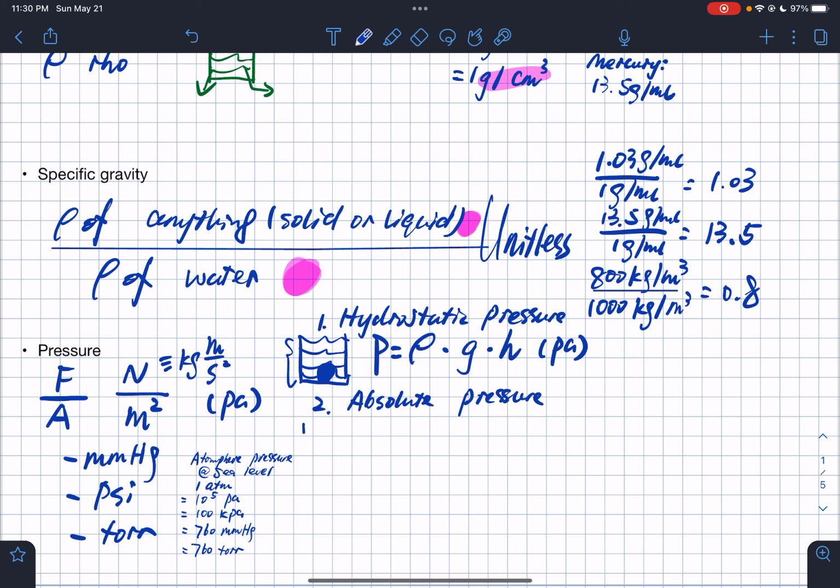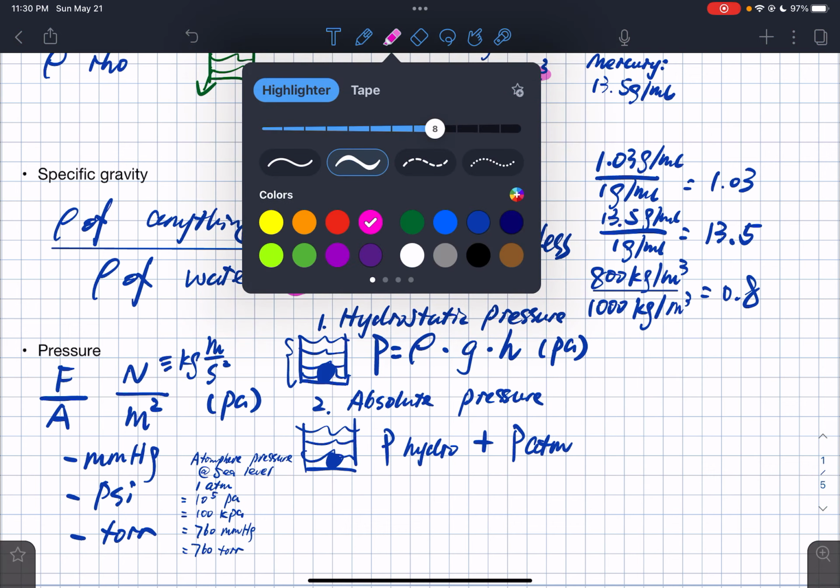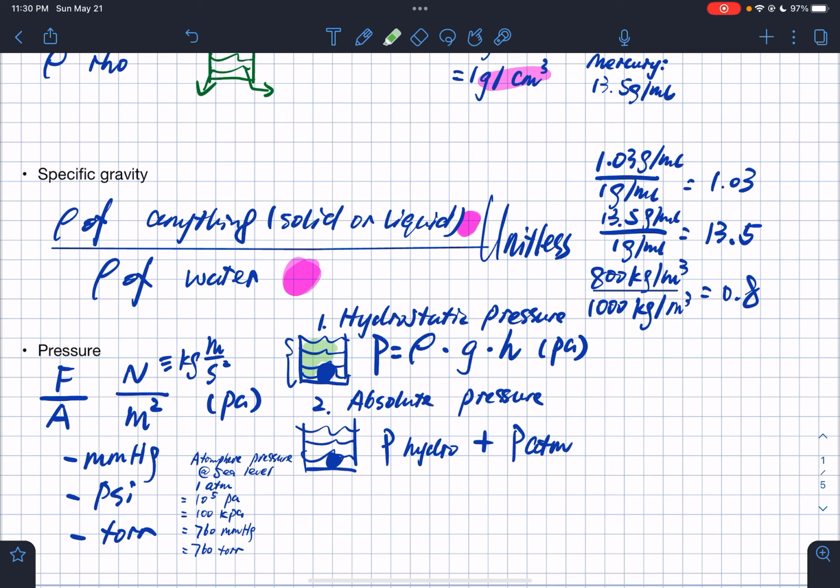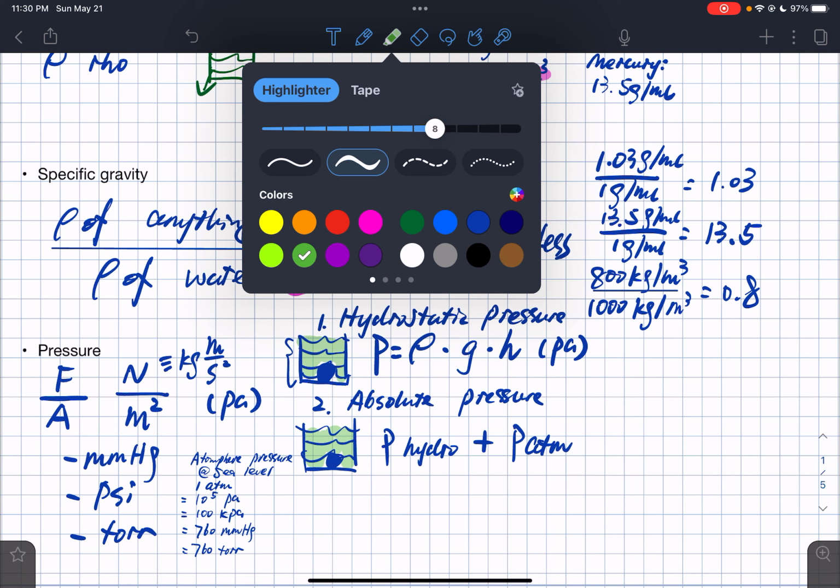The second one I want to discuss is absolute pressure. Let's use the same system, the same container, the same object here. The absolute pressure is the hydrostatic pressure plus the atmosphere pressure. In the first case, we take the hydrostatic pressure into account, but not the air pressure that the same object is experiencing.